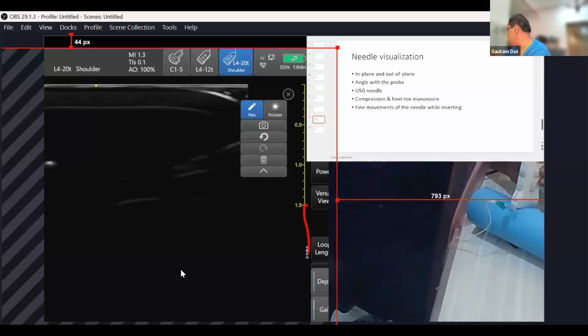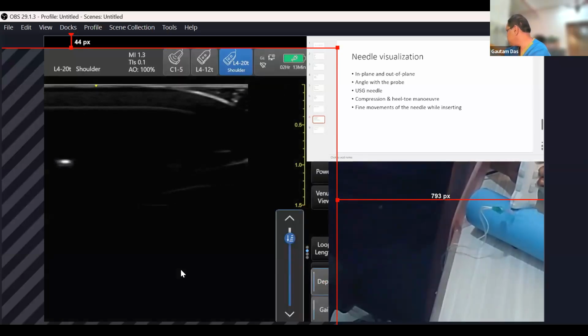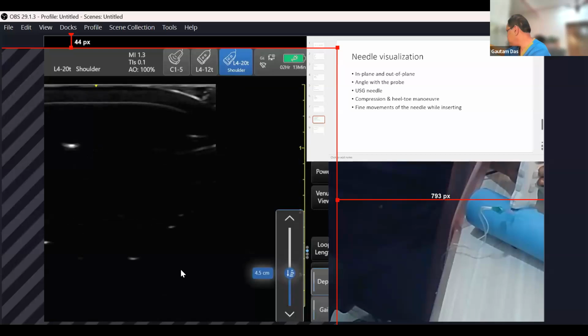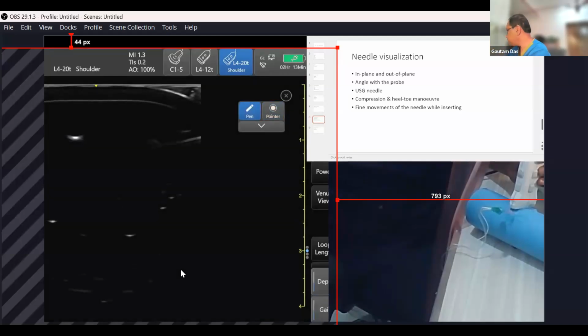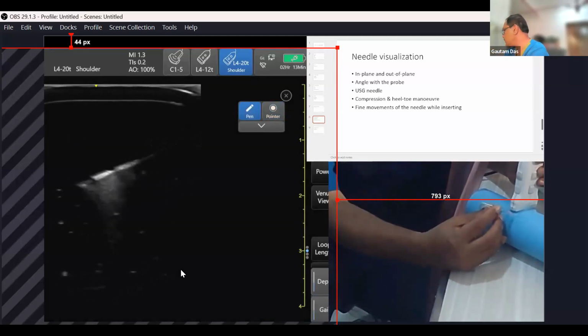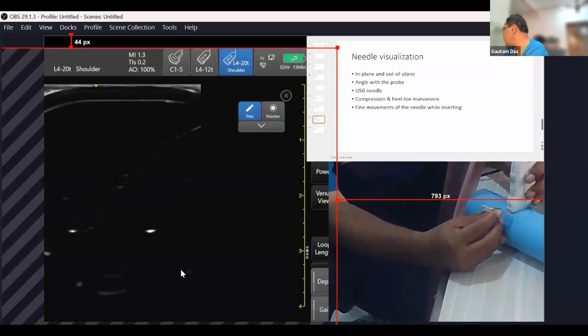Let me increase the depth a little bit. Okay, so you see, this is the ultrasound needle.